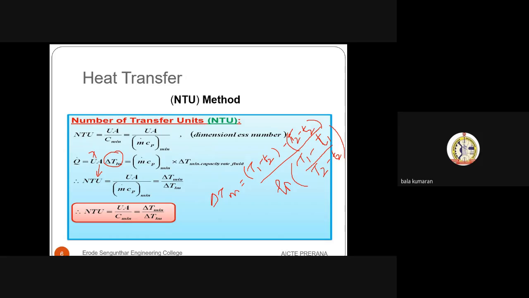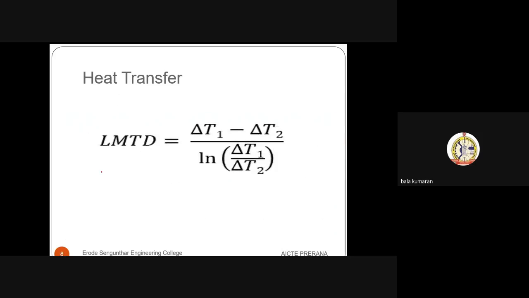Then we will see the LMTD method formula, which is simply del T1 minus del T2 divided by ln of del T1 by del T2.